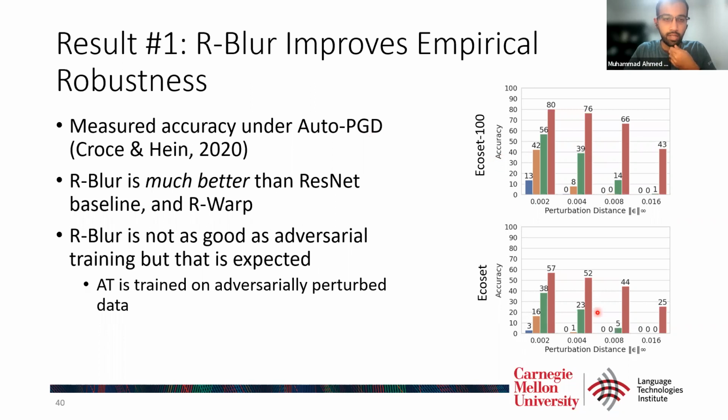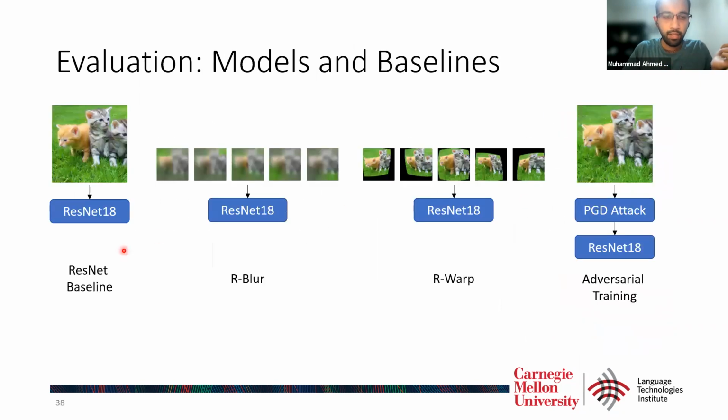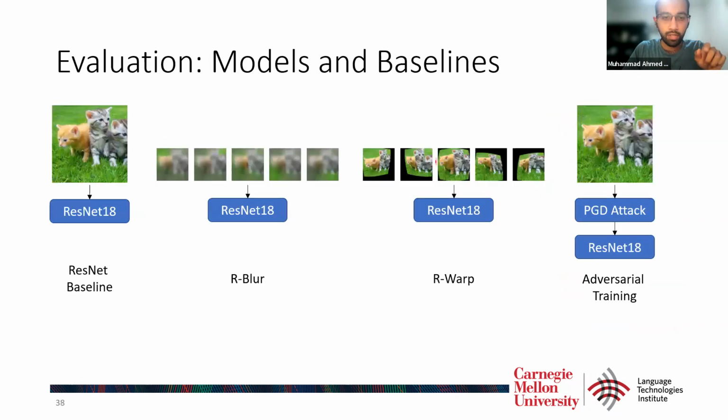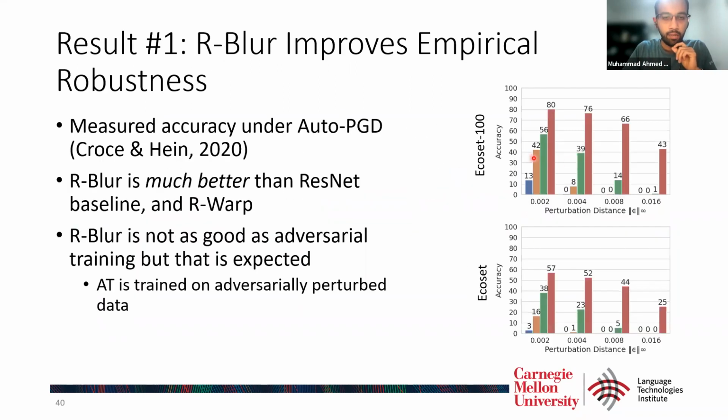Sorry, I don't have the legend here, which is my bad. The blue bar corresponds to the vanilla model. The orange bar corresponds to the R-warp approach, an existing approach from the literature, which uses the fisheye filter. The green one corresponds to our approach, which is R-blur. And the red one corresponds to adversarial training.